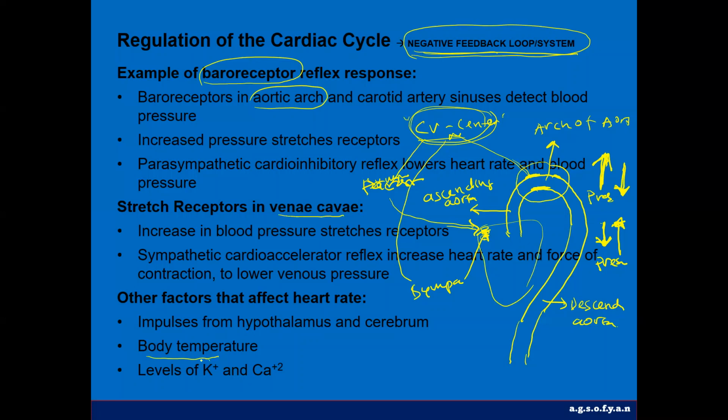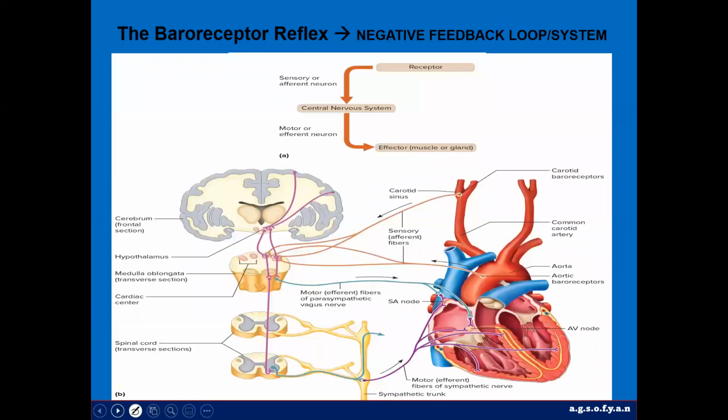Also, the level of potassium. Potassium mostly will reduce our heart beating, and calcium mostly will increase our heart beating. So the level of electrolytes in the blood will also control our heart beating or the cardiac cycle.